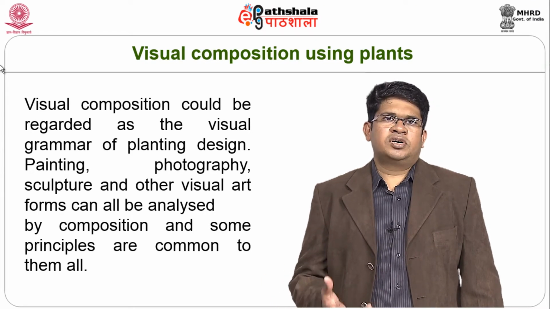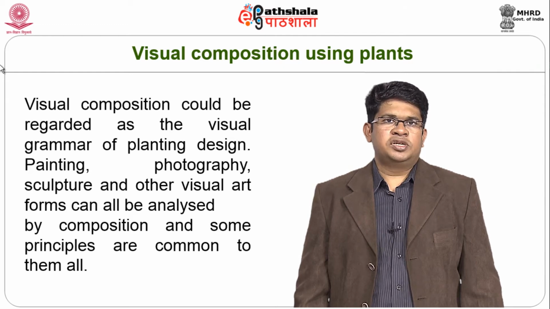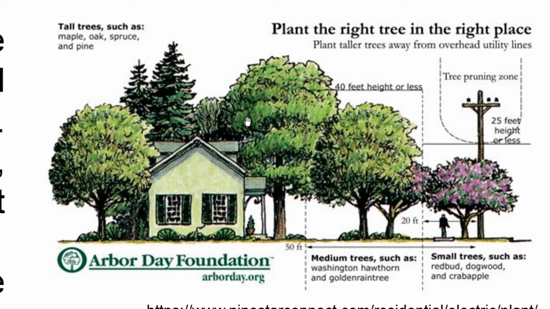We have a lot of different elements which need to be brought together in unison. Like you see in this picture, you can see a lot of visual elements, where you have a house and you have the plants there. And how do we arrange the plants with respect to the scale? The house, the medium sized plant, the tall plant, and we see a gradation here.